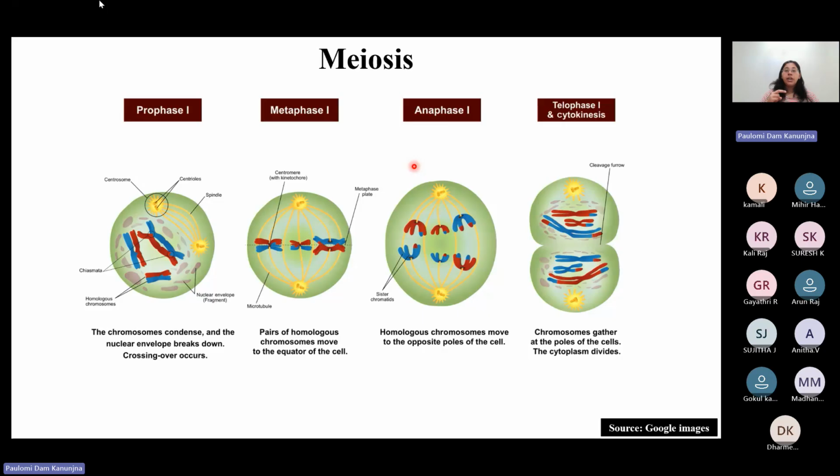In meiosis, the idea is different. Generally when you say cell cycle and you come to the M phase, it's called mitotic cycle or mitotic phase, because it is the general mode of cell division. But meiosis is a specialized cell division because it happens only in germ cells, going from diploid to haploid, and the haploid germ cells lead to the formation of a zygote when they fuse with another haploid germ cell.